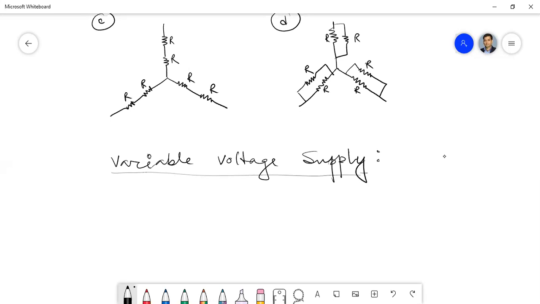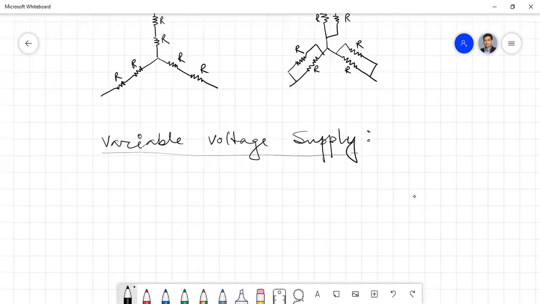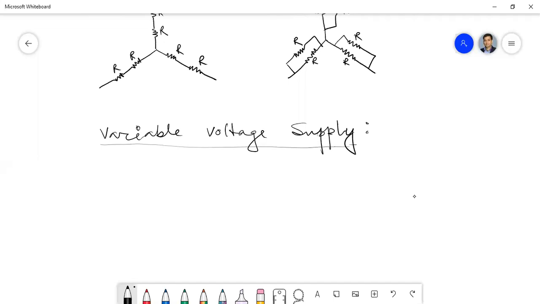So in this way you can control the supply to the process itself. So that is another option. So this technique is well understood. Now the next technique is by using power electronic converters.